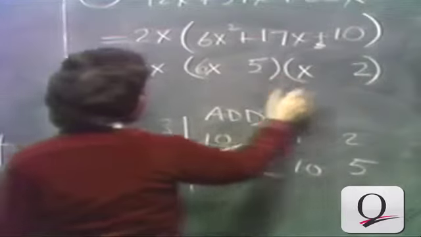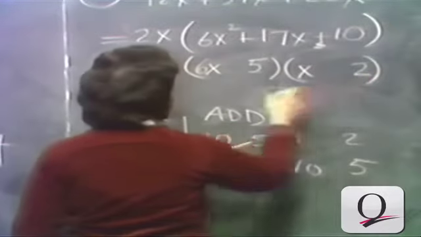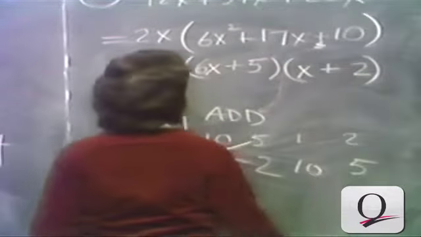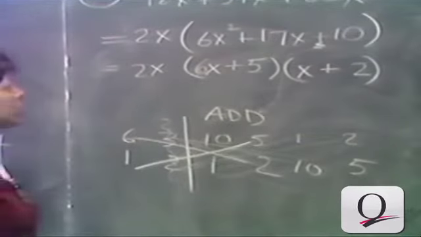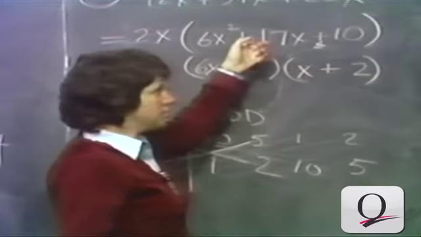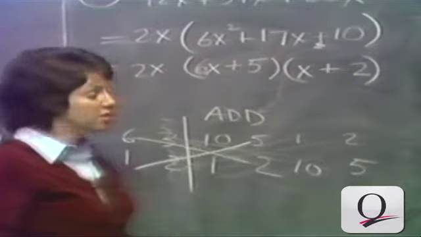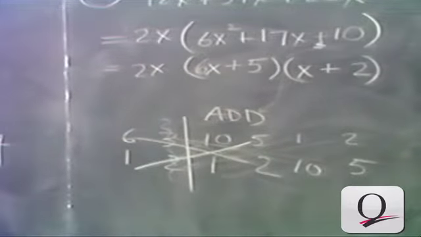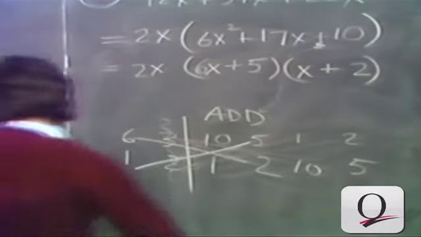And let's see, we have 6x squared, we want a plus 12x and a plus 5x for the plus 17x, and then the plus 10 at the end. Either they were going to be both positive or both negative, and since this was plus, obviously they're both positive. So 2x times 6x plus 5 times x plus 2.